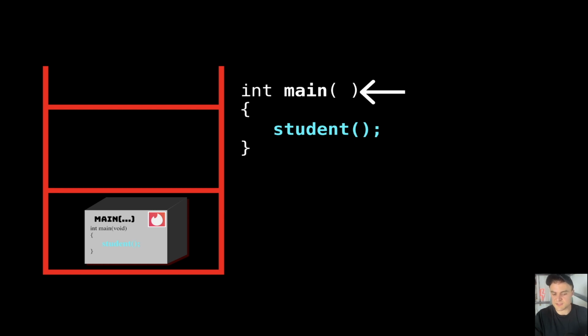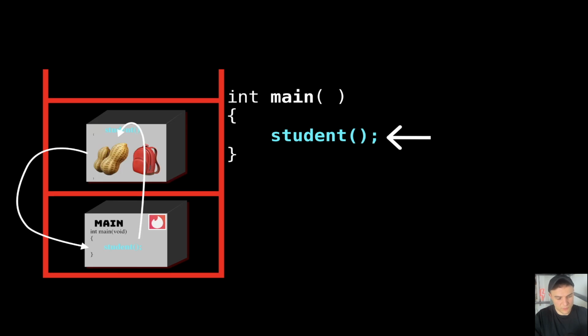So we enter the first line of our process. Int main. Cool. I have my main function at the bottom of my stack. Now we call the student function, which is inside the main function. So boom. What happens? Well, you have a stack frame that is allocated for this function, as you can see. And inside this stack frame, you have the function block itself, the student function block.